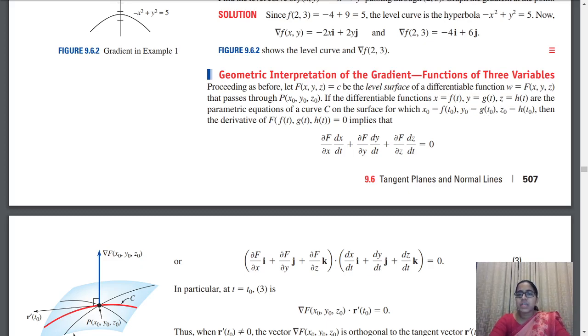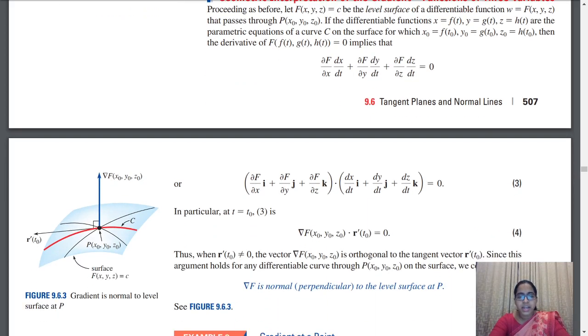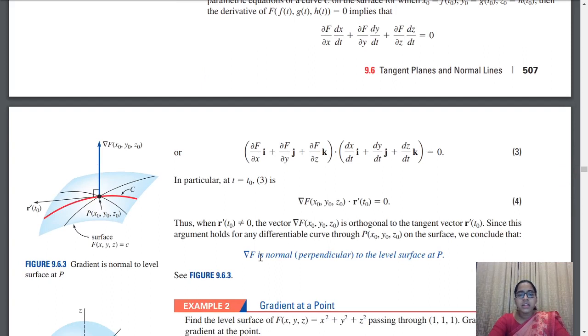Then we will differentiate the equation f(x, y, z) = c, and we obtain ∂f/∂x · dx/dt + ∂f/∂y · dy/dt + ∂f/∂z · dz/dt = 0. Again, using the vectors grad f and r', we can see that grad f will be normal to the level surface at the particular point P. Now you can see figure 9.6.3 also.